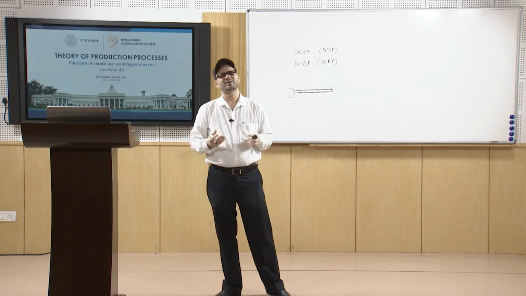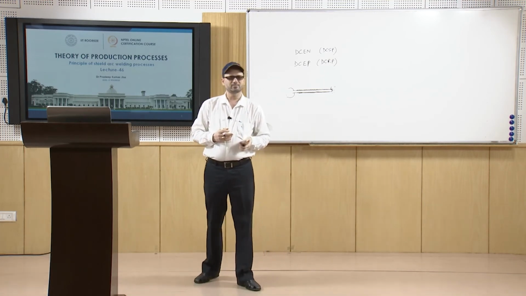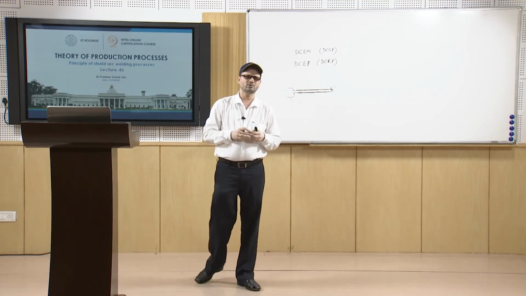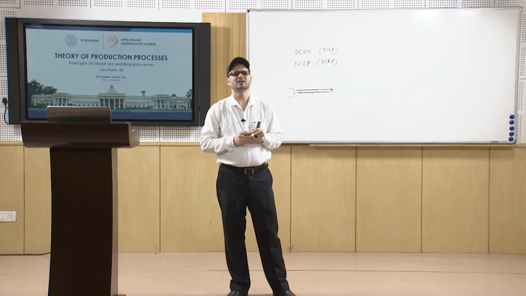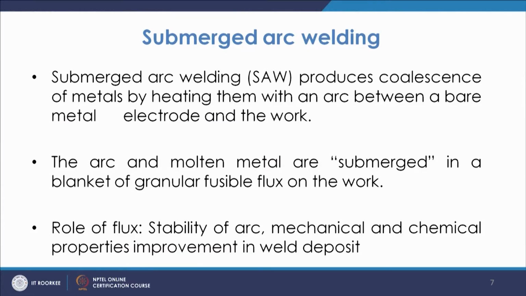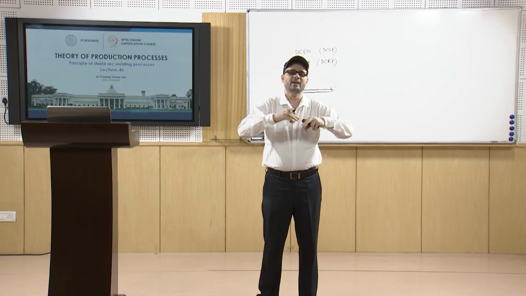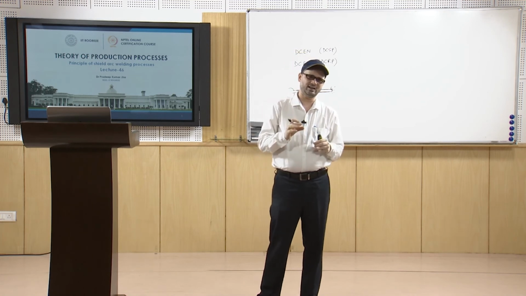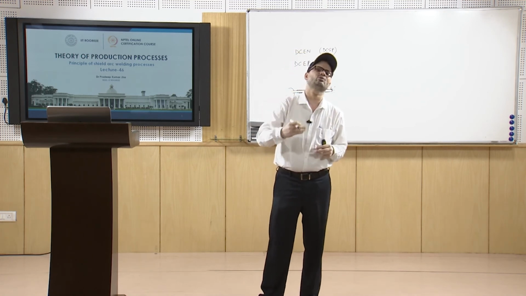Now, you have different varieties of arc welding processes, and we will discuss a few more. One of them is the submerged arc welding process. In the case of stick electrodes, the blanket is produced by melting of the flux which is coated on the electrode itself.